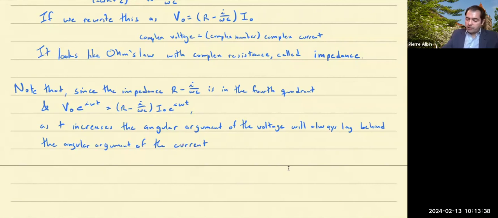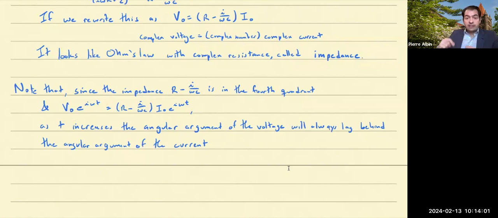So again, if you think of the voltage and the current as being complex numbers, and you identify complex numbers with R2, you can think about the polar coordinates of a complex number. So you'll have some radius and you'll have an angle.